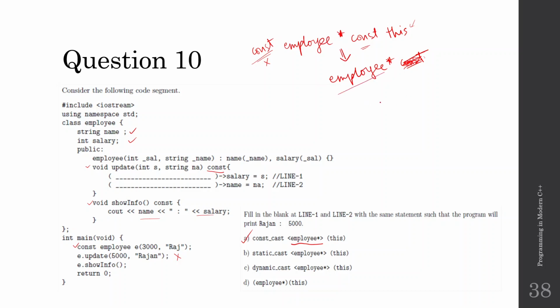And since it is now an Employee star pointer, we can update the salary and the name. So this is one method to do it, and the other method, as you know, is the C style cast. In the same way we can convert this pointer into an Employee star pointer. Okay, so any questions on question 10?